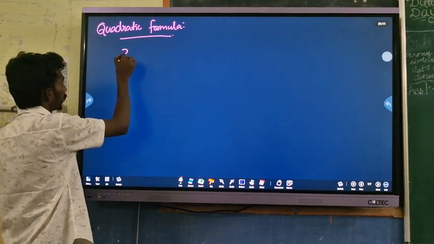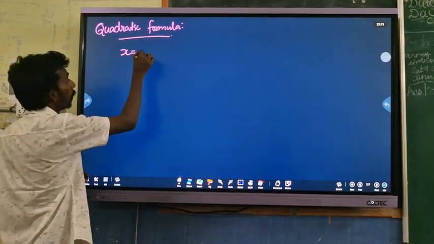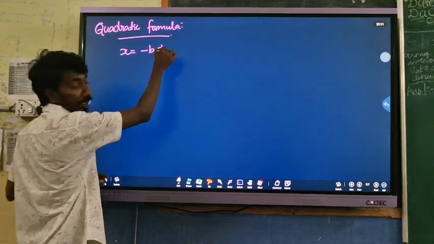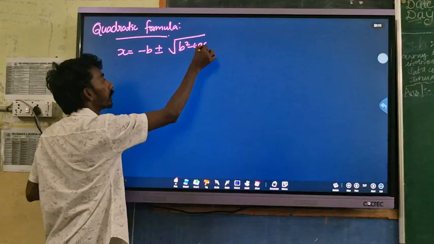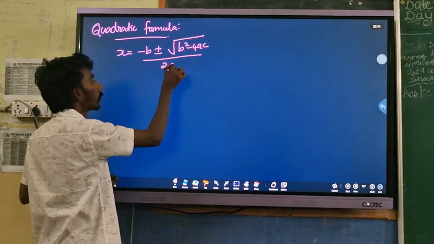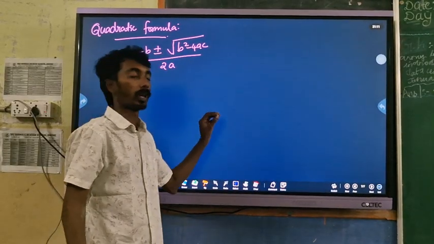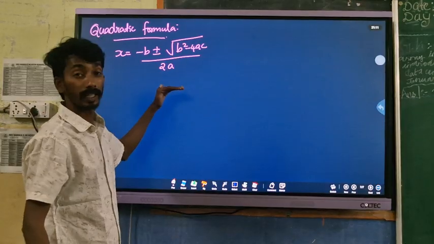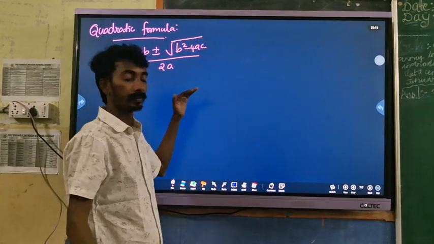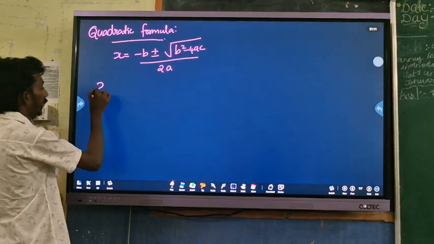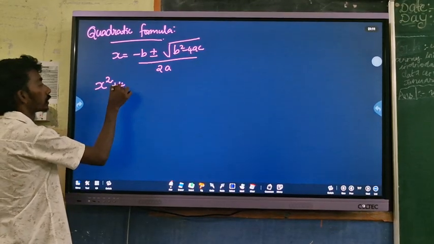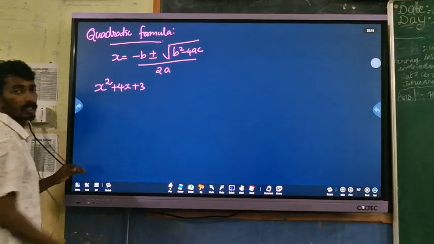The quadratic formula is x is equal to minus b plus or minus root of b square minus 4ac, divided by 2a. This is the quadratic formula. Now we will write one quadratic equation and solve it. Take the quadratic equation x square plus 4x plus 3.